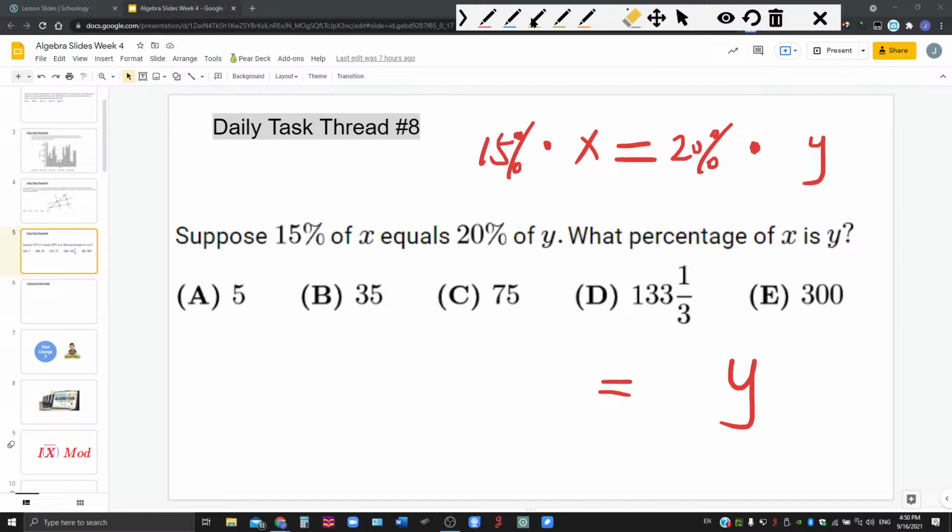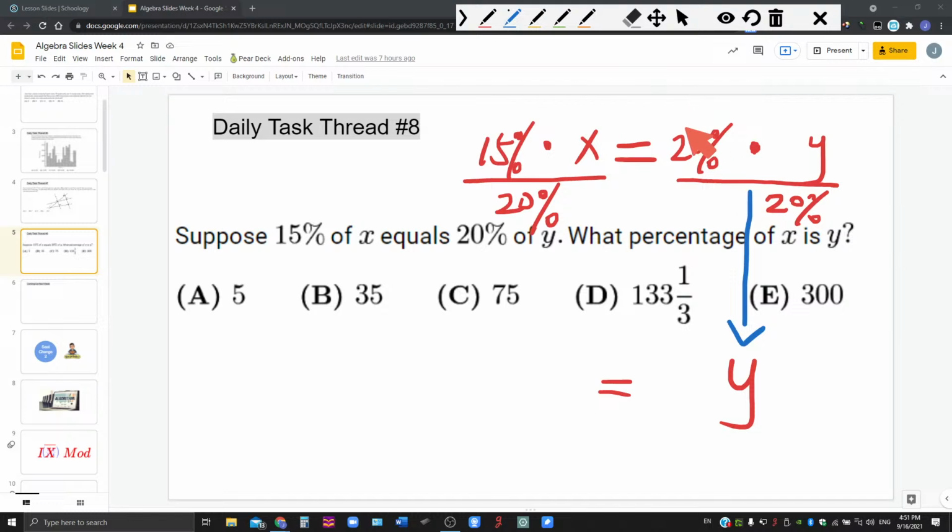To go from here to here, we have a 20% times y. We don't want that 20%. We want to take out that 20% so that we just have one pure y here. Therefore, what we can do is to divide by 20%. That will give us just one y, and we do the division on the other side.